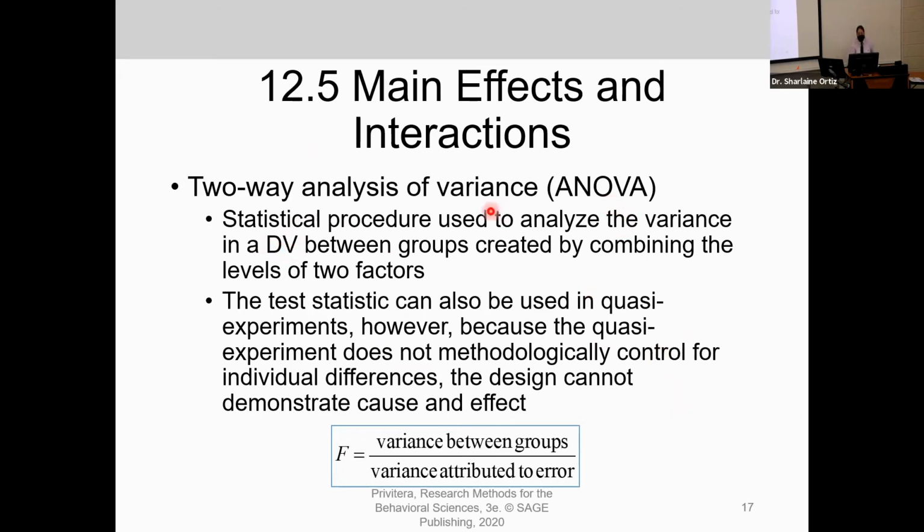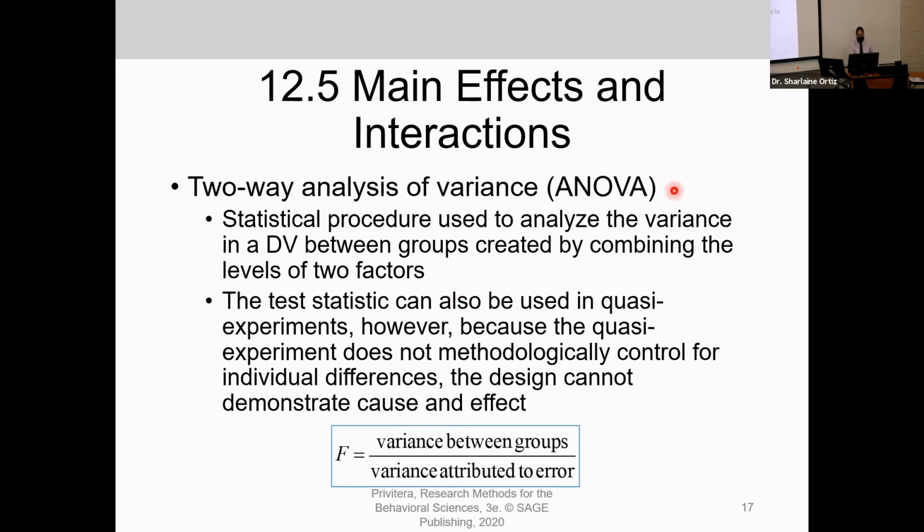Notice that in this specific regard, what we're trying to do with the ANOVA is analyze the variance in that dependent variable in regards to the creation of those groups by combining, I should say, the levels of two factors, right? Combining the levels of those two factors.